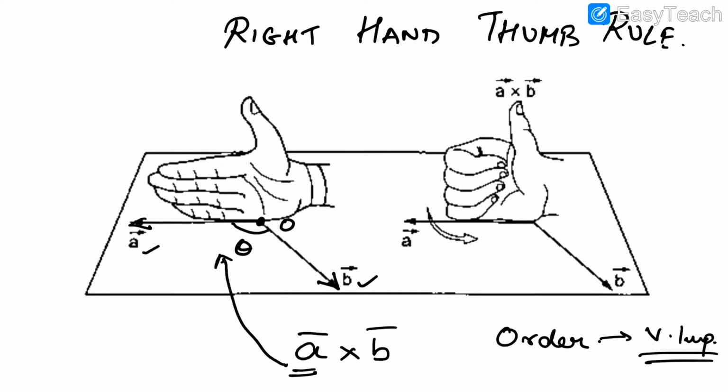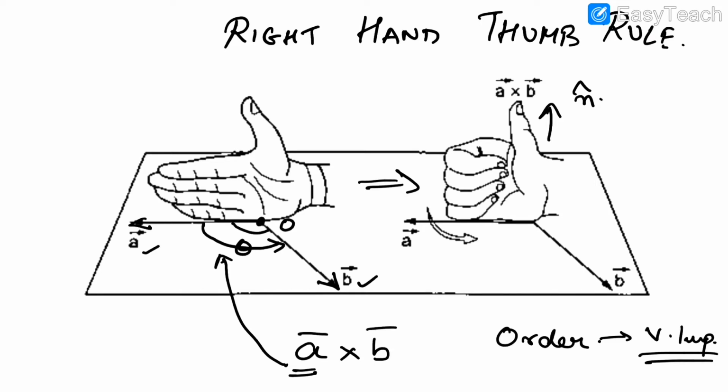Whichever is the first vector, A vector, you point your hand towards that. Now the second vector is B vector. You curl your hand towards the second vector, from this to this. This is the direction of curling of your hand. And whichever way your thumb is pointing, that is upwards, that is the direction of n cap, which will be the direction of A vector cross B vector.